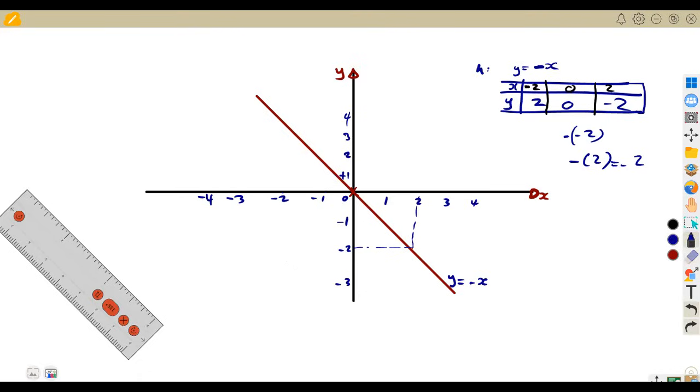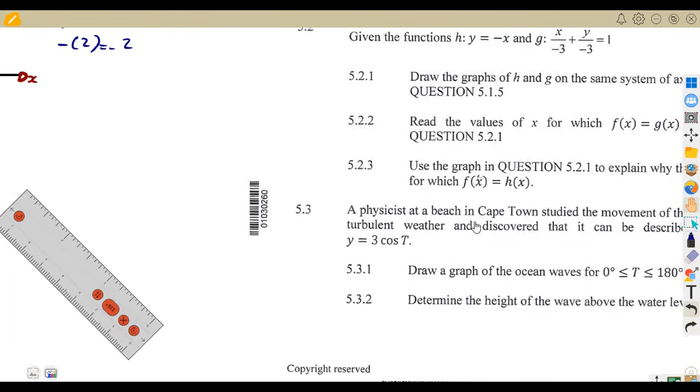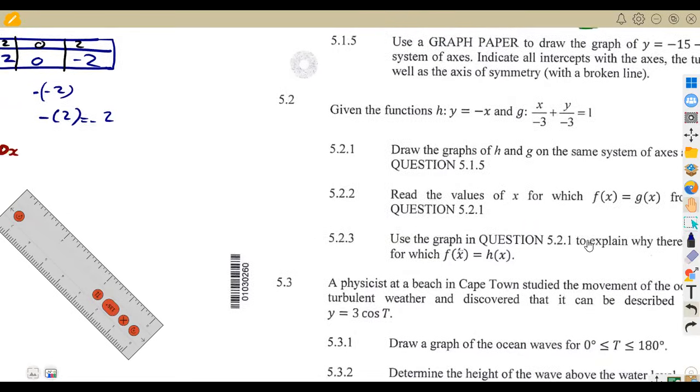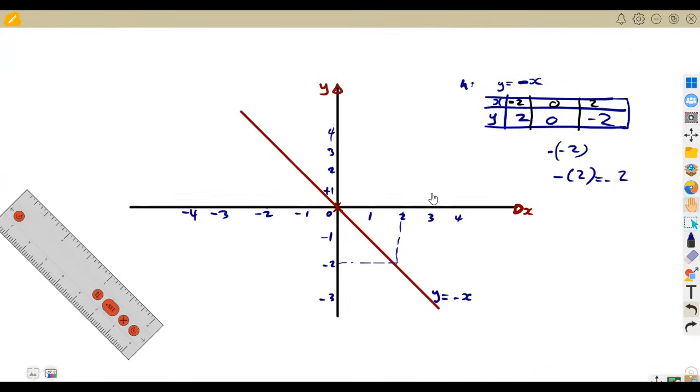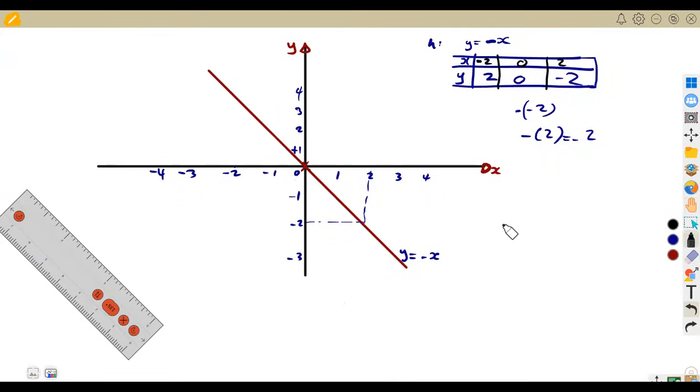You do the same thing for this other one that you are given: x over minus 3 plus y over minus 3 is equal to 1. How do we sketch this one? You can also use a table of values, or we can just use the intercept concept.